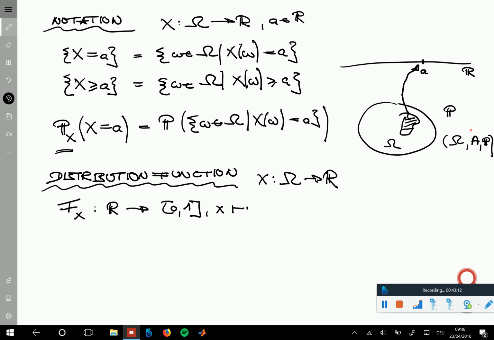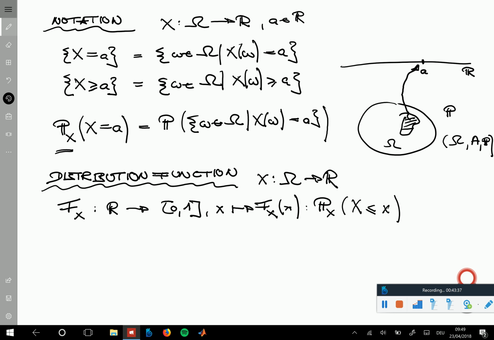Each real number x gets allocated a value of the distribution function that corresponds to the value of the distribution of X in this kind of notation that we've seen before, that the value that the random variable takes on is smaller or equal to x.